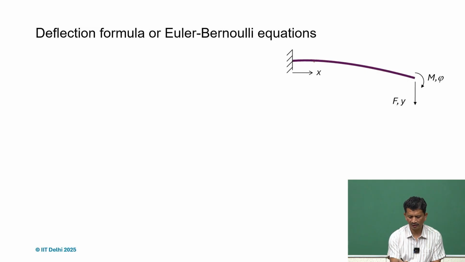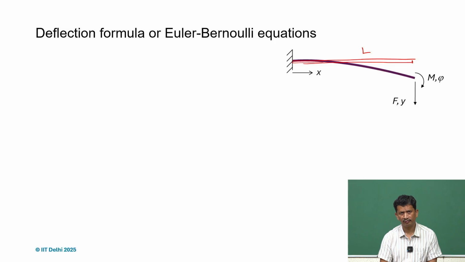So if you have a cantilever of length L, and we apply a force F, the associated deflection in the direction of F is y. Similarly, we can also apply a moment M, and there is an associated angular deflection phi.